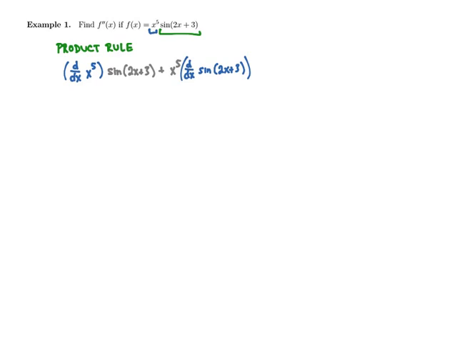The first derivative here is just straightforward. It's just going to be 5x to the fourth times the sine of 2x plus 3. And then for the second one, we need to use the chain rule.